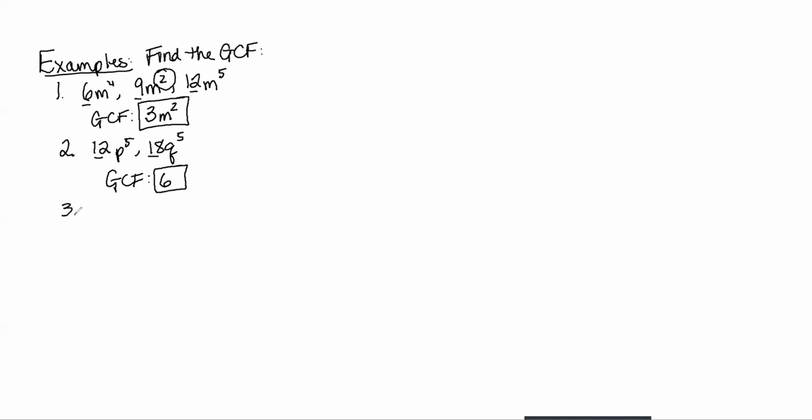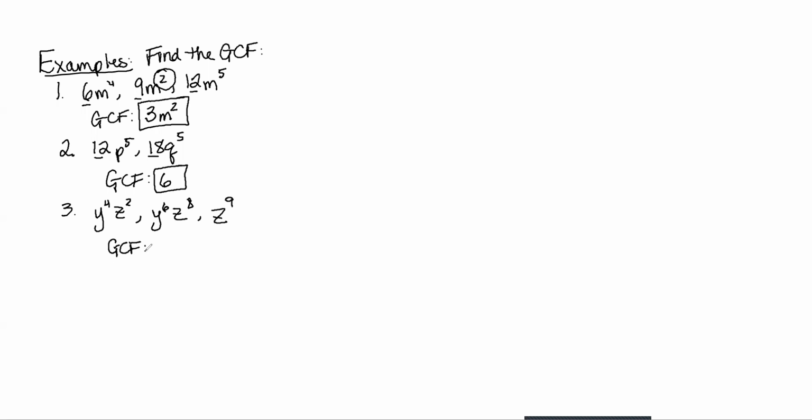And let's go ahead and try 2 more of these. y to the 4th z squared, y to the 6th z to the 8th, and z to the 9th. All right, so we need to be careful on this one.